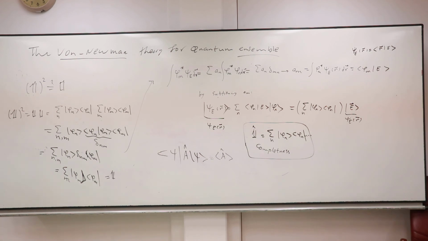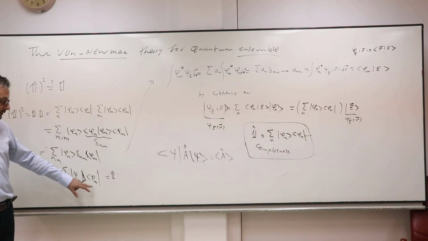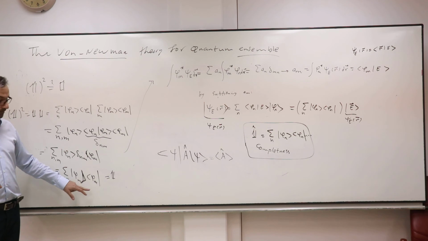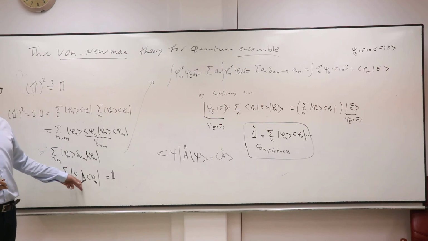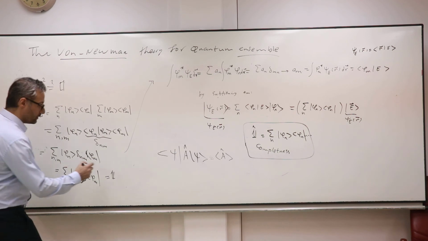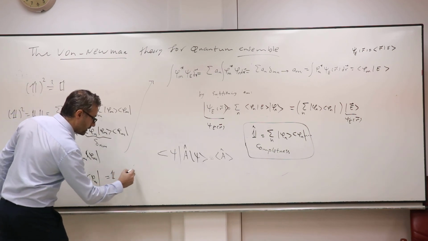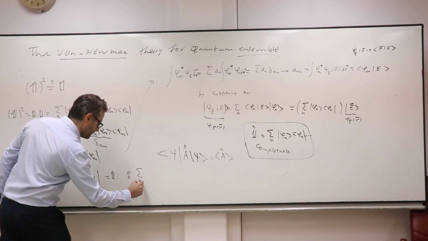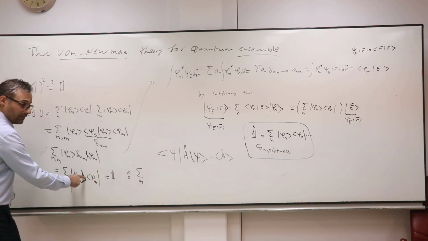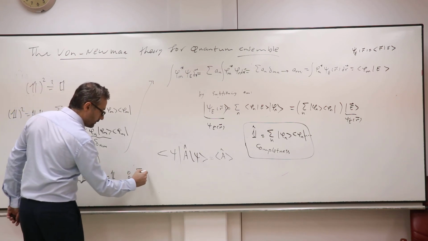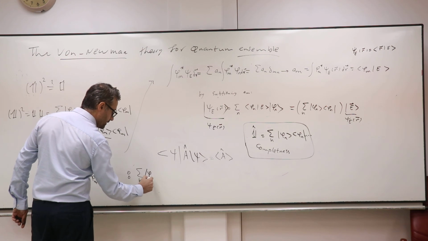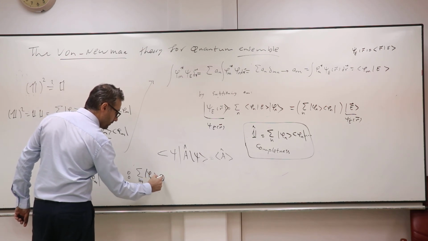Don't think that this is a dot product or something like that. This is a direct product actually. Another notation for that: you need to know that this kind of product is the tensor product or direct product.